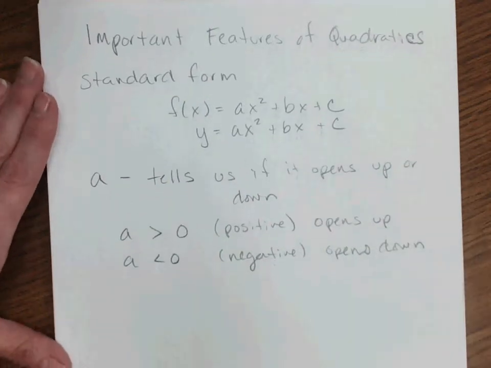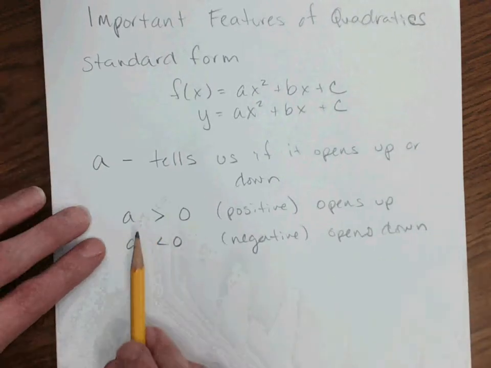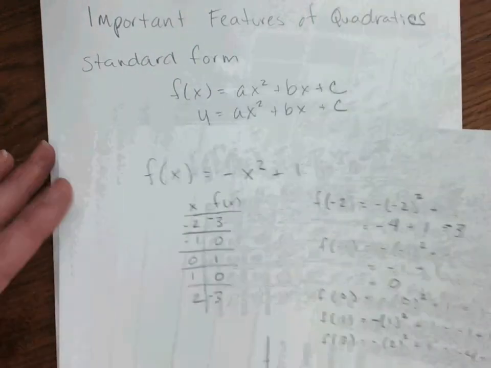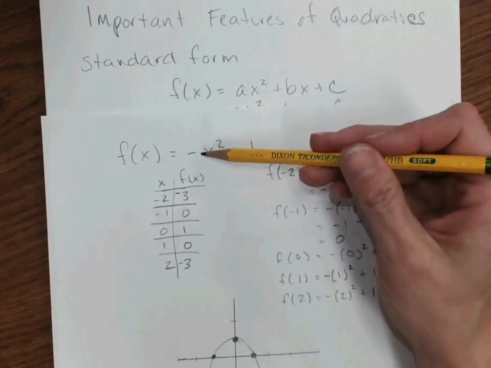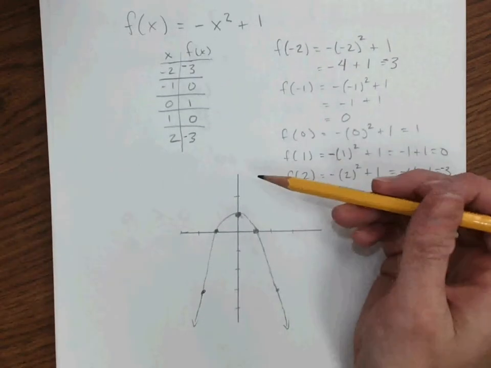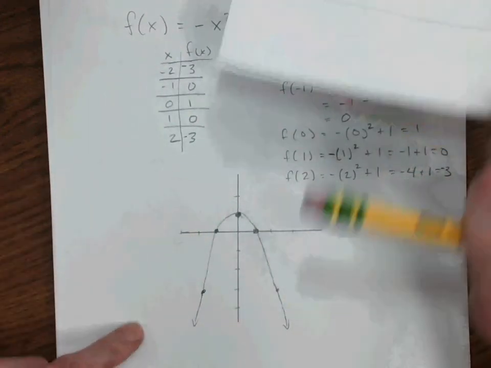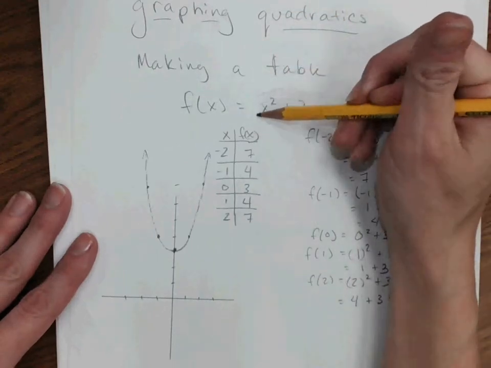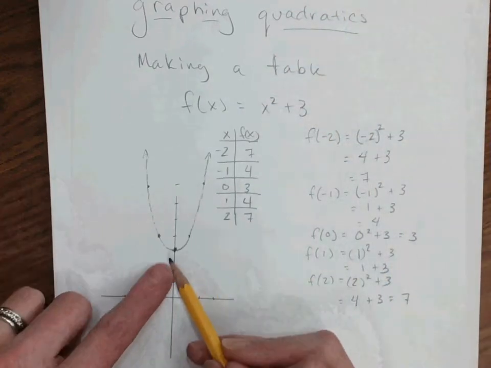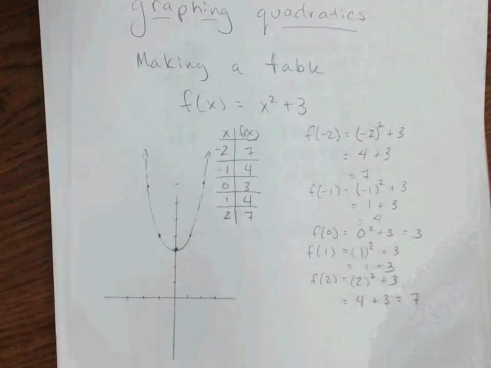So just looking at that a, I can get a general idea as to what my function should look like. If I look at the second one, my a, the number in front of this x squared, would be negative 1. Negative 1 is a negative number, so it would open down just like it did. This one is a positive 1. Remember, there's always that invisible 1 in front of that x squared. And so this one is positive. It's opening up, getting bigger as time goes on.